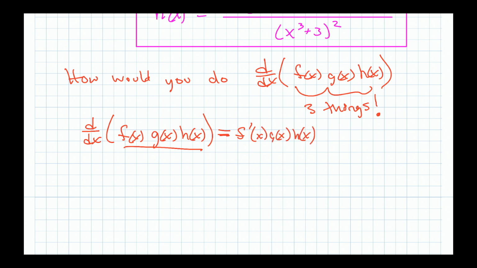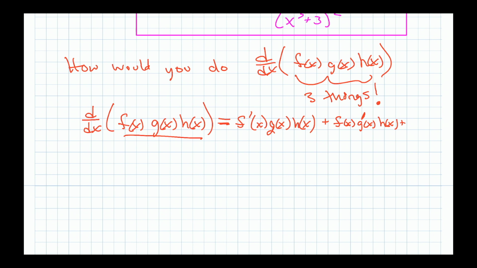So I wrote all 3, but I took the derivative of f. Then plus, I'm going to write all three again, f, g, h, but this time I'm going to take the derivative of g, and then I'm going to write all three again, f, g, h, and I'm going to take the derivative of h. So do you see how that works? Yeah, you see how that works, right?